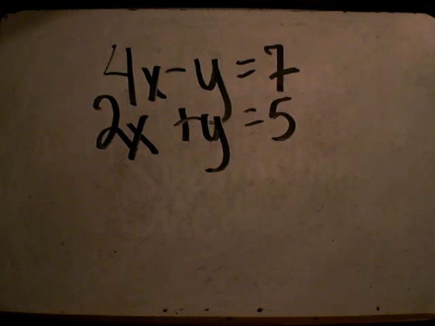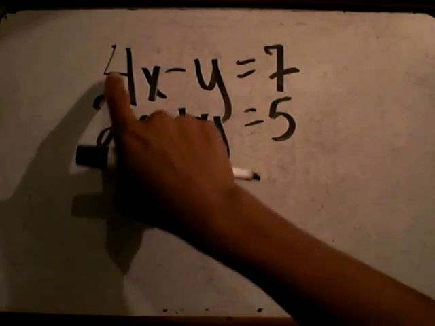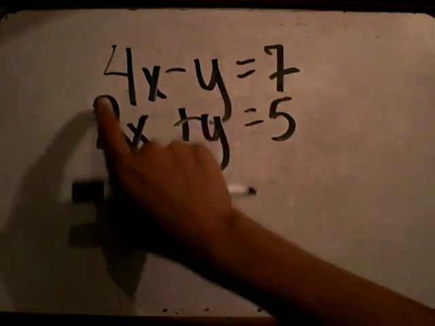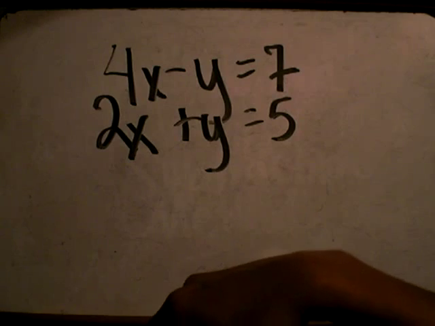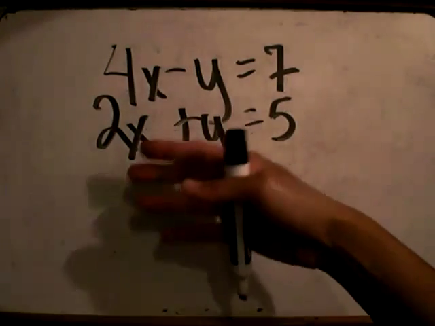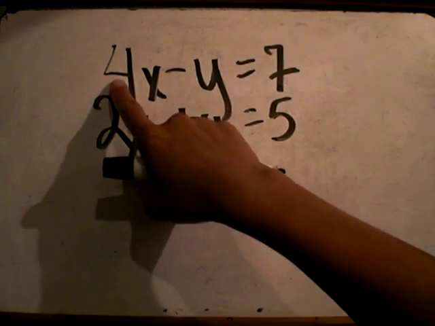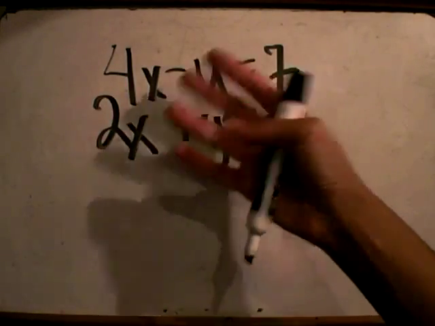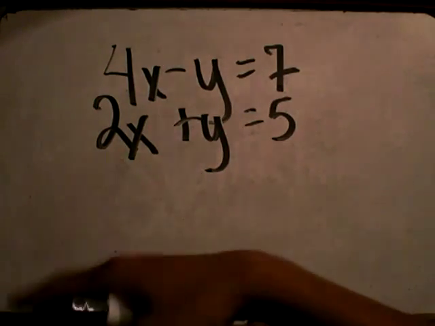What we have to look for is coefficients that are either the same or opposite. When we look at these coefficients, they are not the same. One's a 4 and one's a 2, and they're not opposites of each other. The opposite of 4 would be negative 4, and the opposite of 2 would be negative 2.